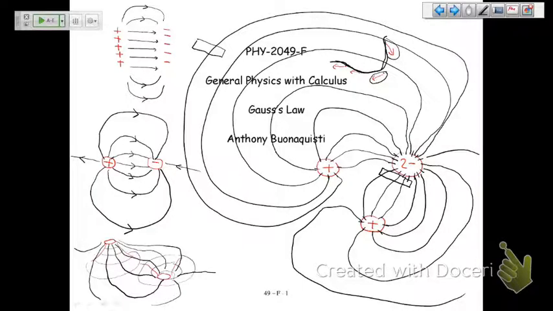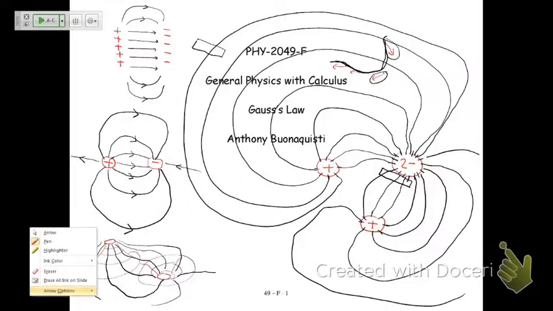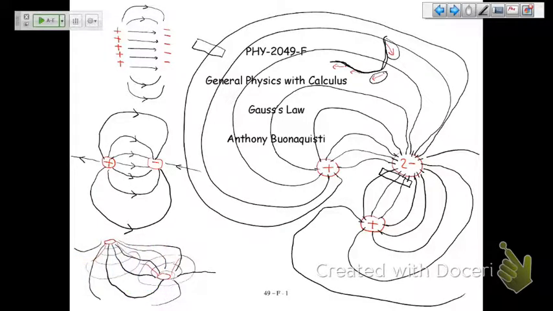You see, if I want to know what an electron's going to do, all I have to do is pick a point and say, that electron is like the opposite of a positive charge. So the force per unit charge that it will feel will be that big in that direction.